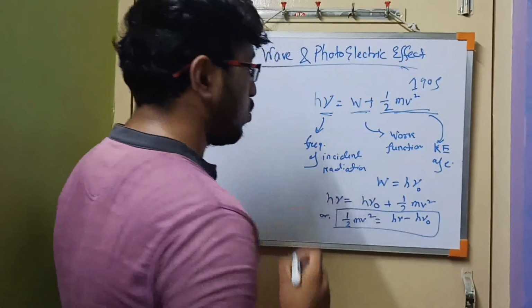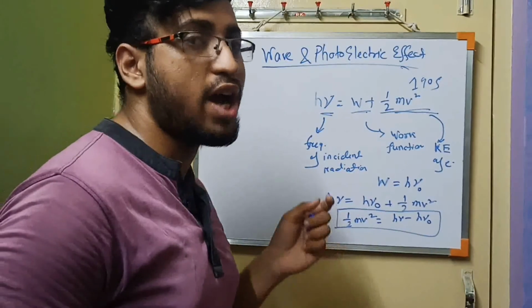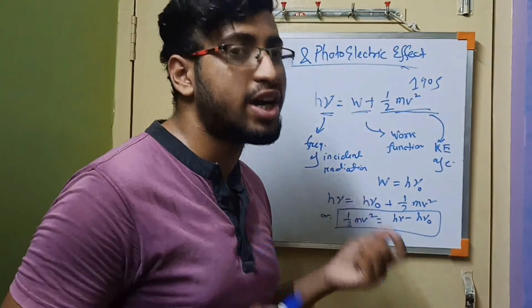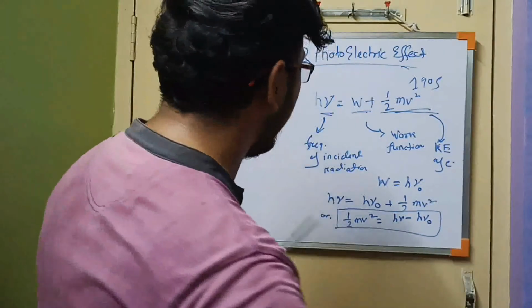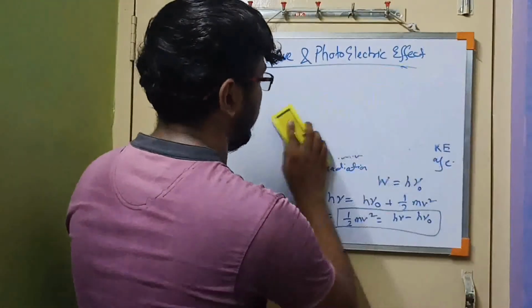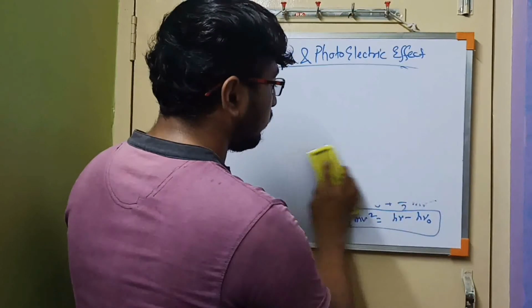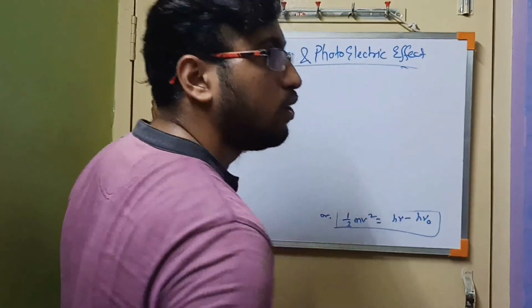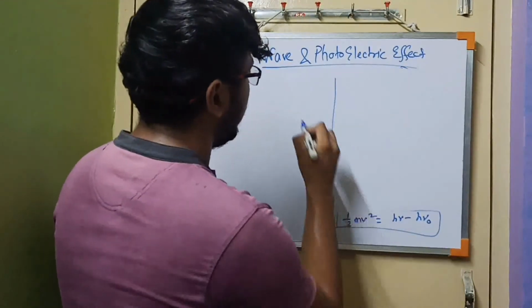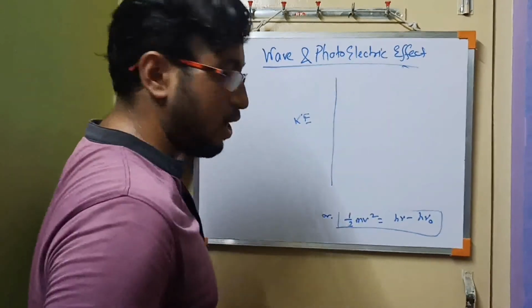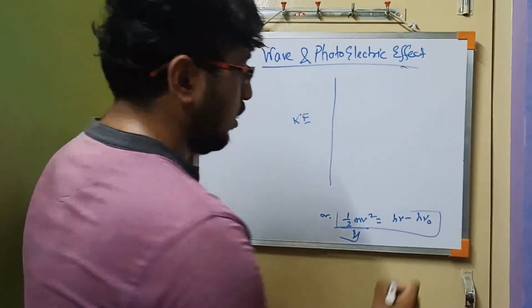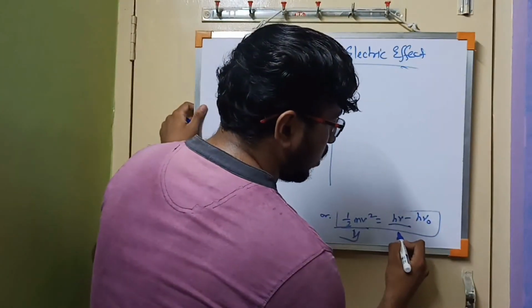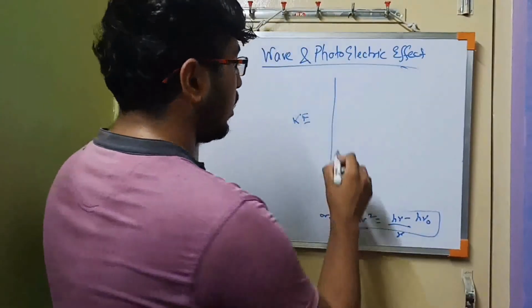So if we plot a curve of y equal to mx plus c, that means a straight line, on the basis of this equation, it will look like this. We have to plot kinetic energy on the y-axis, and the frequency of the incident radiation on the x-axis.